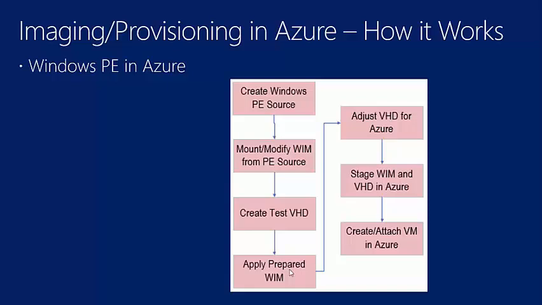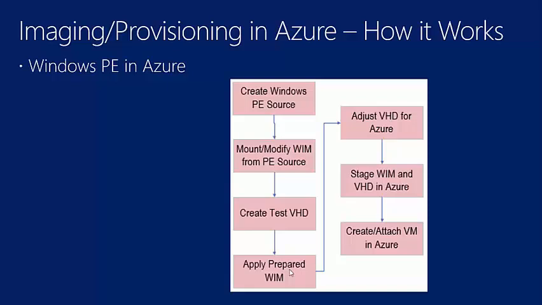So we'll do all of that in our on-prem Hyper-V environment in my case, right? Why? Because testing this locally is absolutely critical before you try to translate it to Azure. In Azure, you don't have controls when Windows PE is running to do a lot of manipulation and testing.